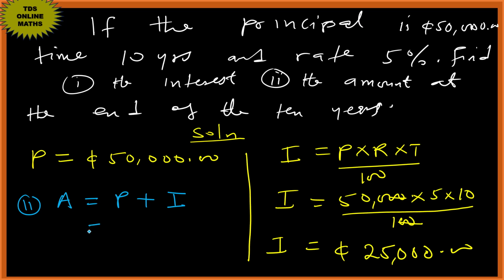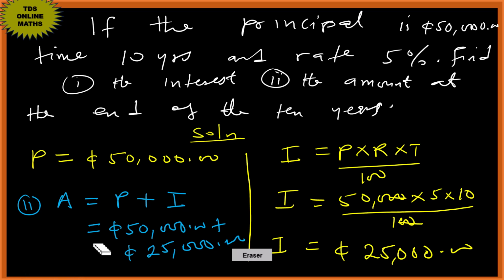We know our principal as 50,000, plus the interest that we just calculated, 25,000. So the total amount here will be 75,000. All right, so that's that.